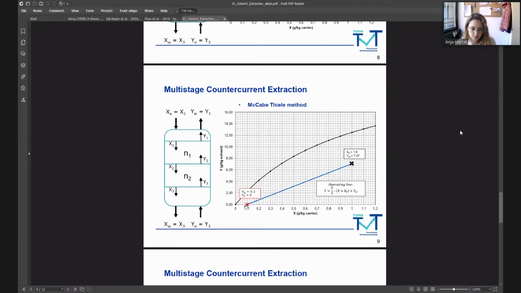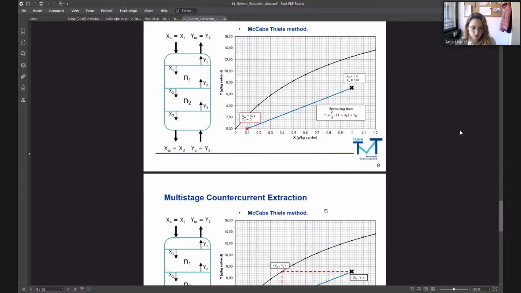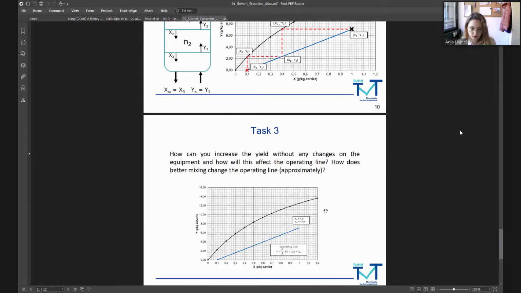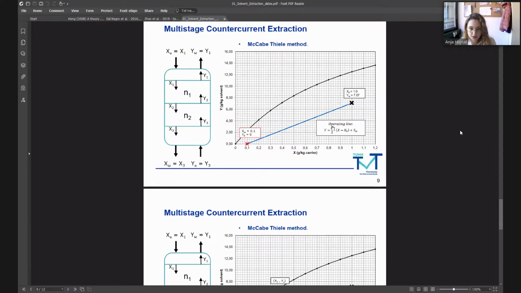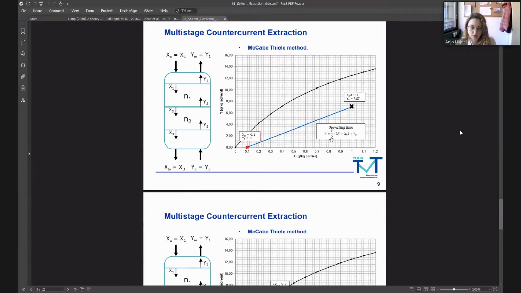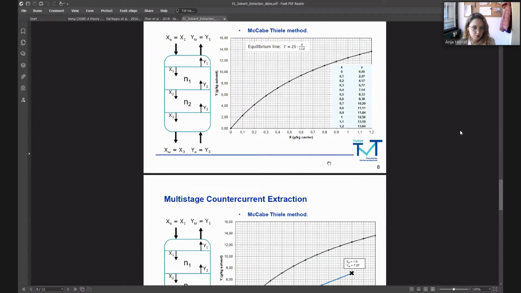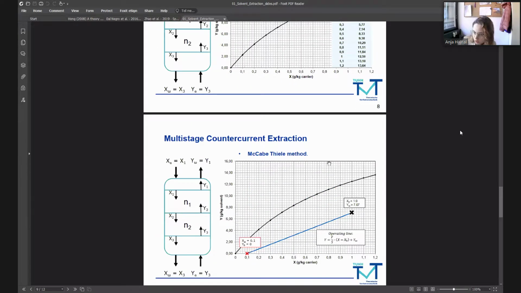And you guys can play with the values and recalculate the yield for each case. So try to alter this F to S ratio here in the operating line equation. I think in this case, the feed flow was 550 kilograms per hour and the solvent flow was 110.